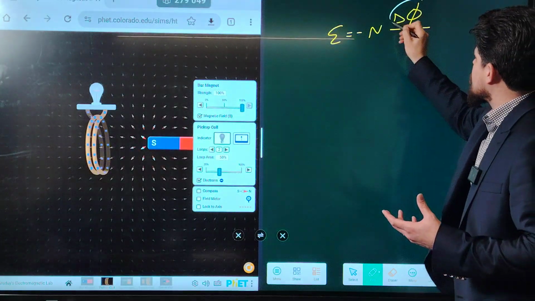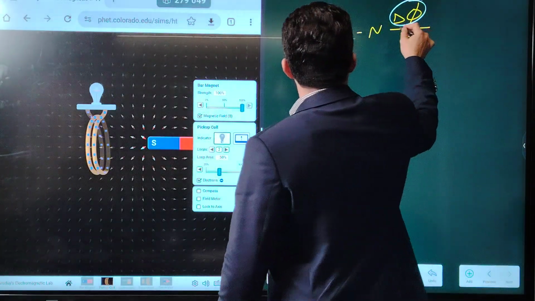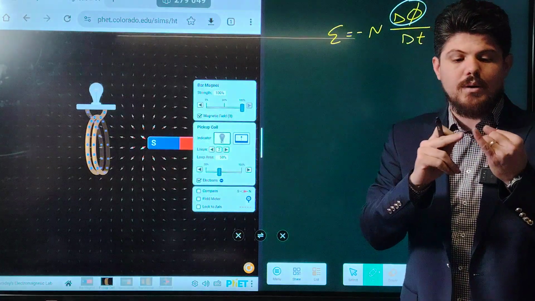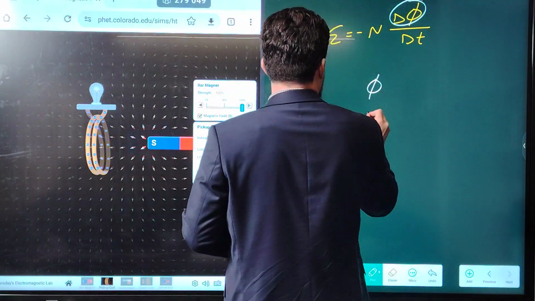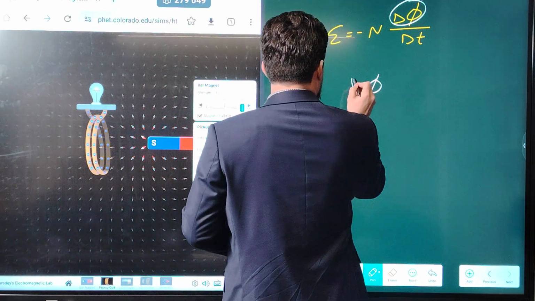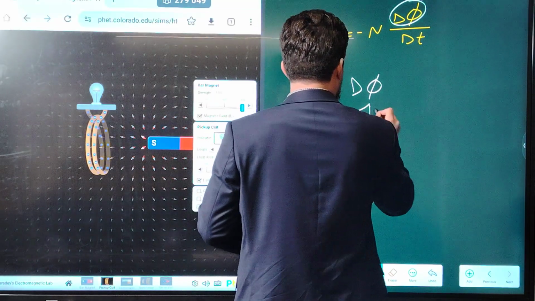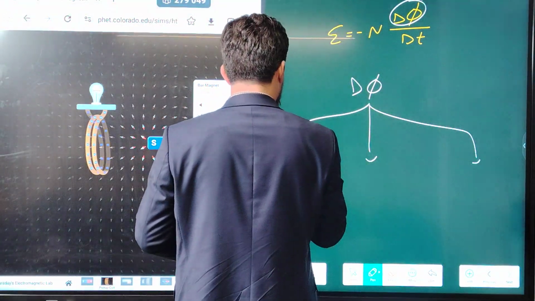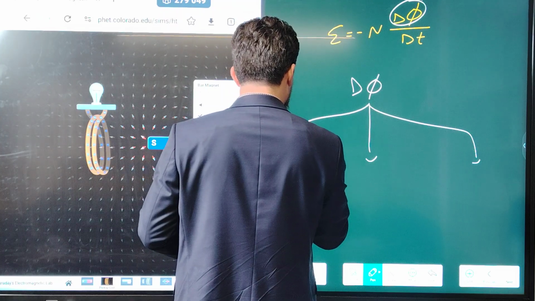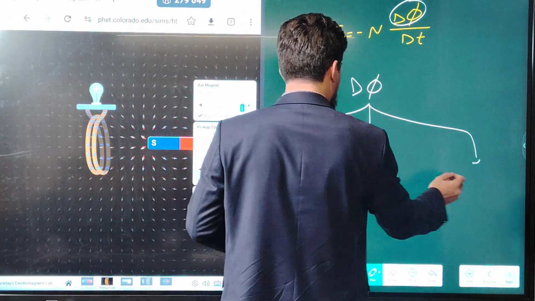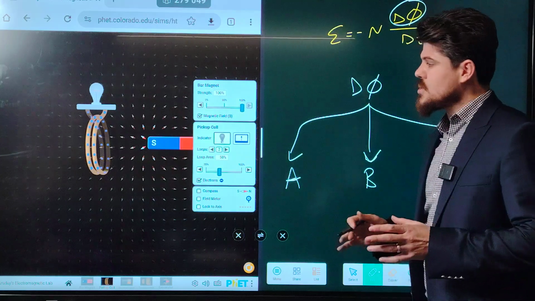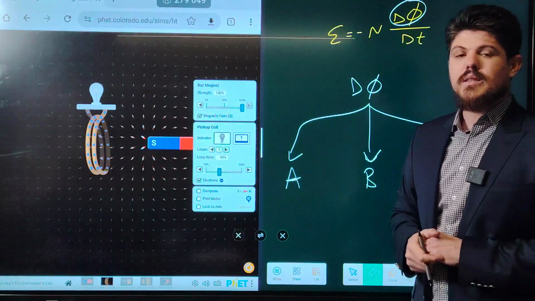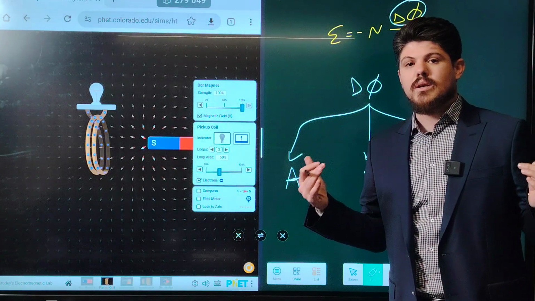Change in what? Change in flux. In how many ways can we change flux? In 3 ways: by changing area, by changing field, and by changing the orientation of the coil. If there is relative motion between the magnet and the coil, current is induced in the loop. Why?